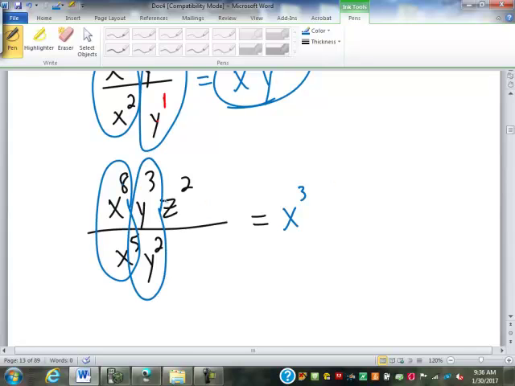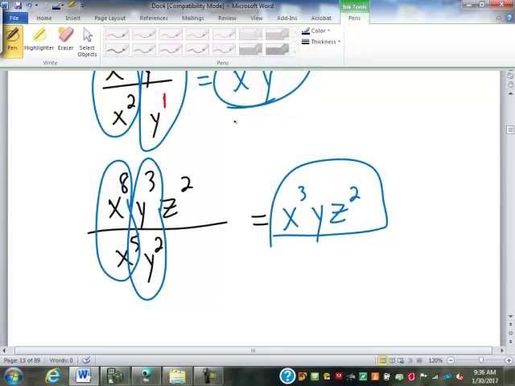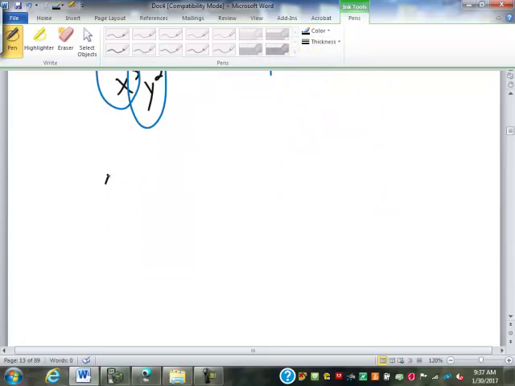Then the y's. It becomes just y. 3 minus 2 is 1. So it's y to the 1, or I can just write y. What do I do with the z squared? Just leave it. Absolutely nothing. It's just still z squared. No other z's to combine it with. Similar to that, I can run into problems like this with my multiplication.